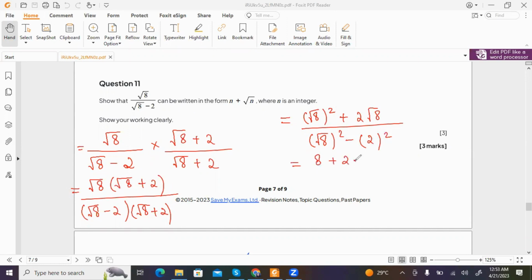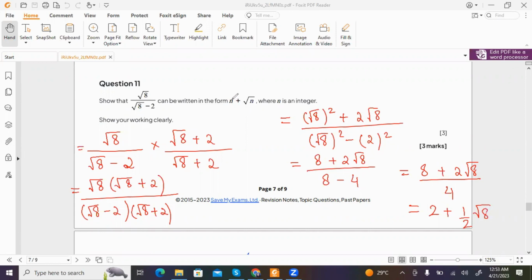8 plus 2 root 8 over 8 minus 4, which gives us 4 in the denominator, which is 2 plus 1 over 2 root 8.